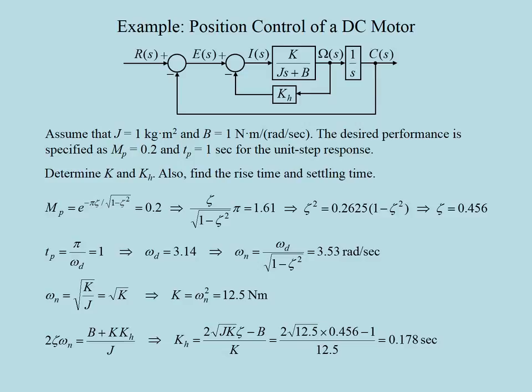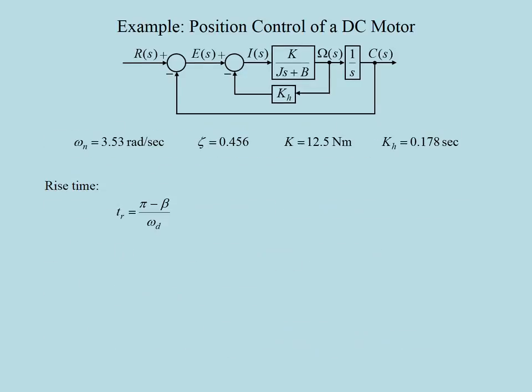0.178 seconds. To find the rise time, let us first find beta as the inverse tangent of omega d divided by sigma, which yields 1.1 radians, and then we can obtain the rise time as pi minus beta divided by omega sub d, that is 0.65 seconds.